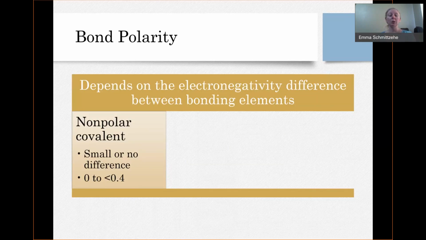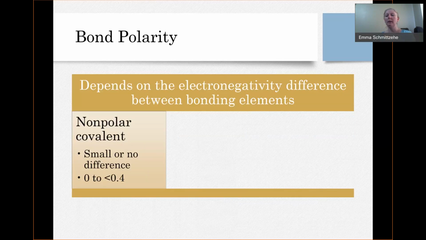But there are some elements that have very similar electronegativities, so when they bond, they can form a nonpolar covalent bond. Generally, the only way that you would know that for sure is by looking up the electronegativity values and seeing, is the difference somewhere from 0 to 0.4.